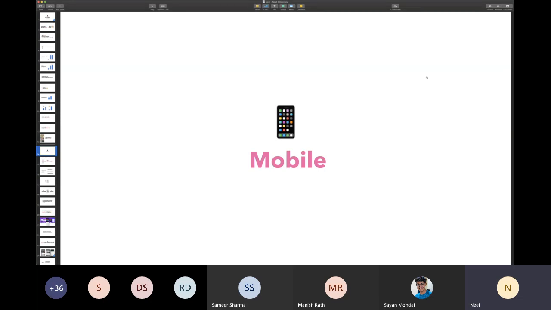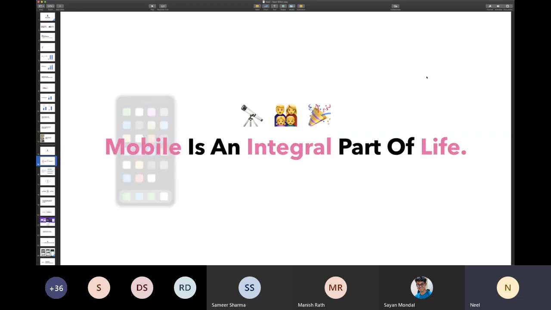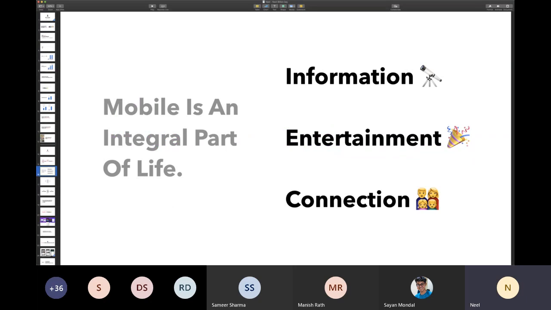So a lot of how these people in India have learned about the internet and about mobile is by using the apps that their friends might have recommended them to use, or people in their social circles use. That's the extent of their internet education. So obviously, mobile is an integral part of India's internet life.